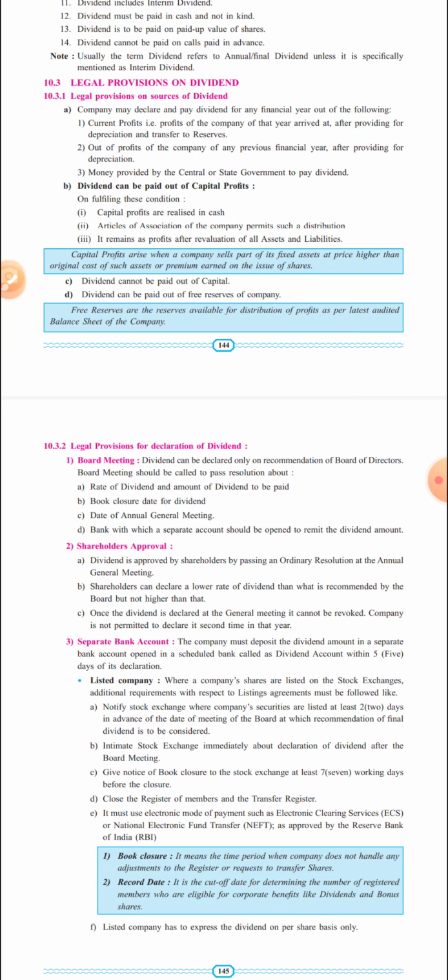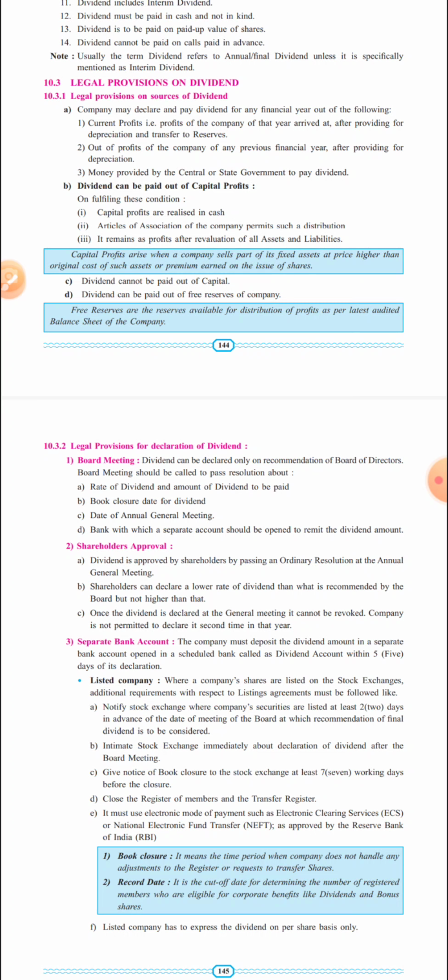And the last source of payment of dividend is money provided by the central or state government to pay dividend. Next, dividend can be paid out of capital profit. Then my question is, what is meant by capital profit?